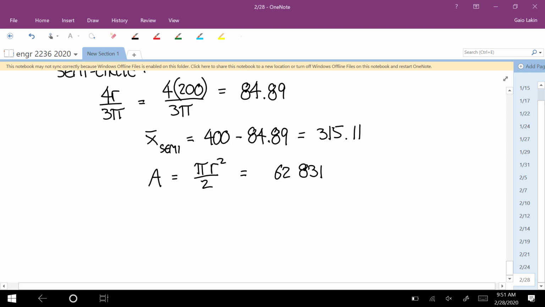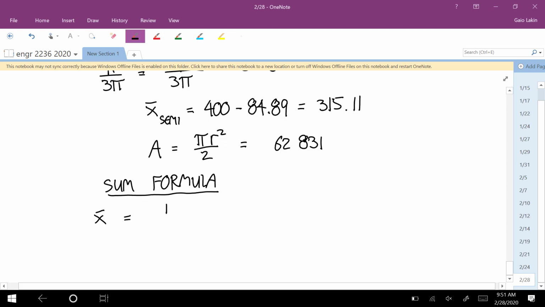So now the formula says x bar is equal to 1 over the total area.